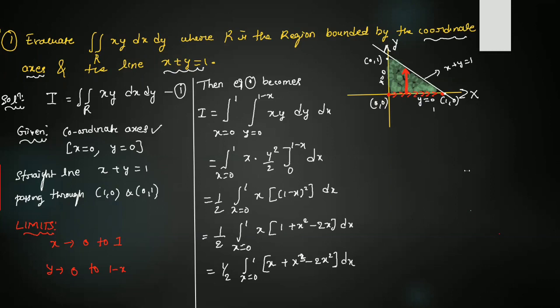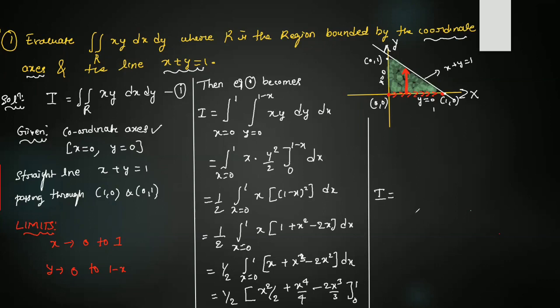Now integrate with respect to x. Integration of x is x square by 2, x cube gives x to the 4 by 4, and 2x square gives 2x cube by 3, with limits 0 to 1. Keep 1 by 2 outside.